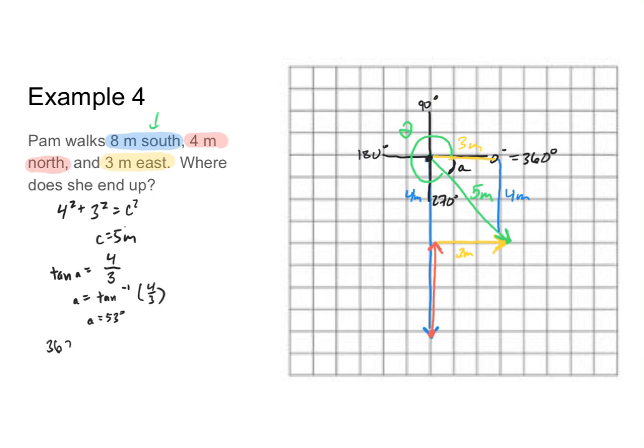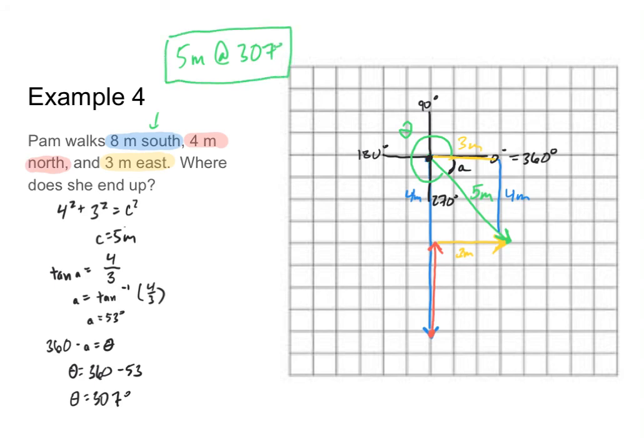So 360 minus A equals theta. So that means theta is equal to 360 minus 53, or theta is equal to 307 degrees. So what I'll say is that Pam ends up 5 meters at 307 degrees away from where she started.